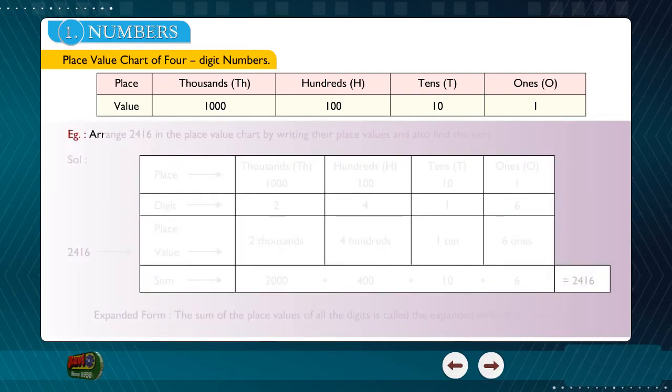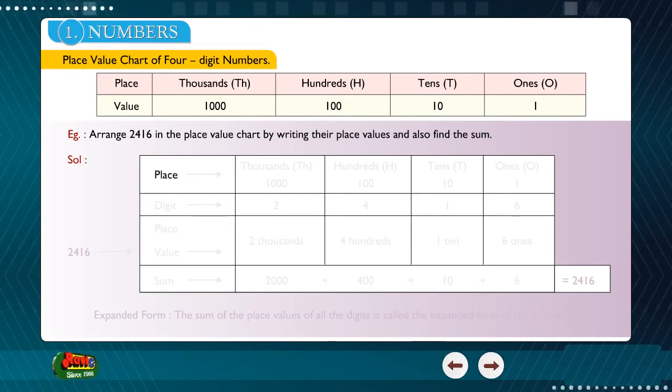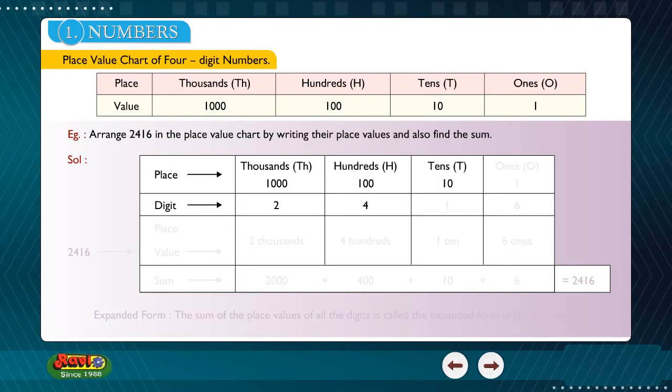Example: arrange 2416 in the place value chart by writing their place values and also find the sum. Solution: place, digit: thousands, 2, hundreds, 4, tens, 1, ones, 6.